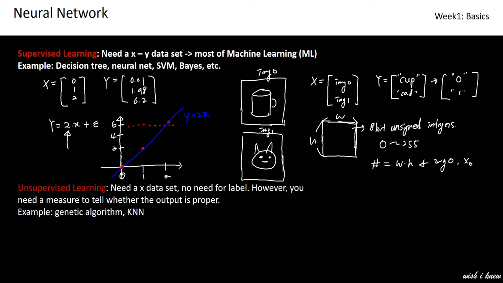In this case, we cannot really use this kind of regression algorithm to classify whether the given image is a cup or cat or someone else's face, or by looking at the face, tell the name of the person.